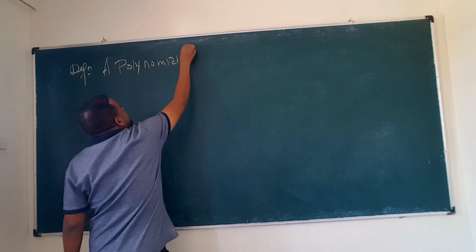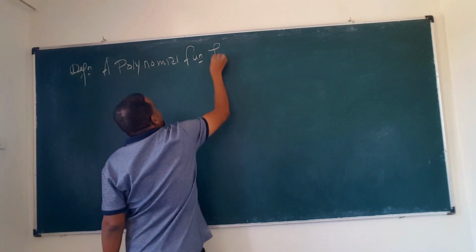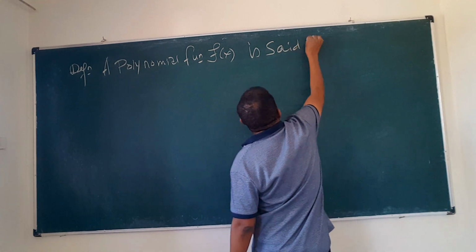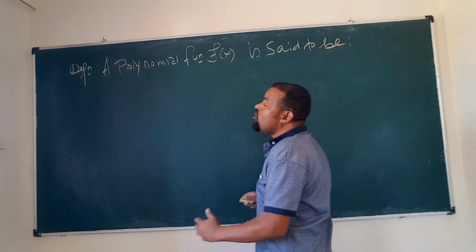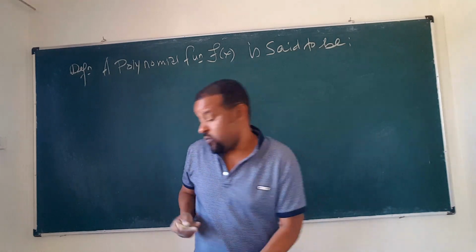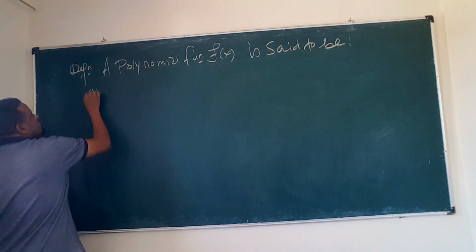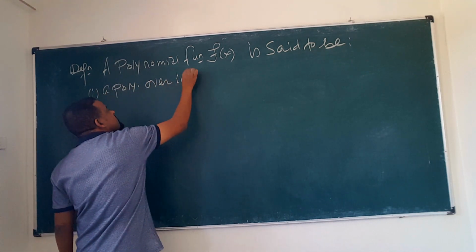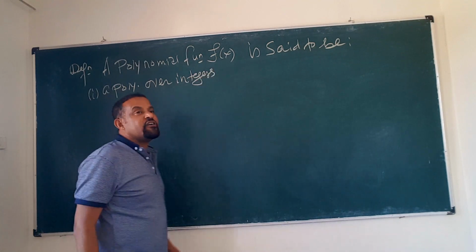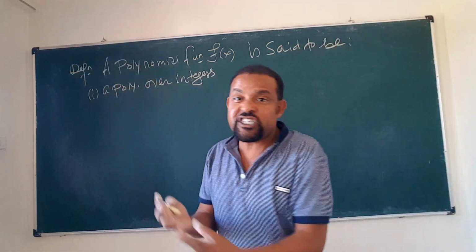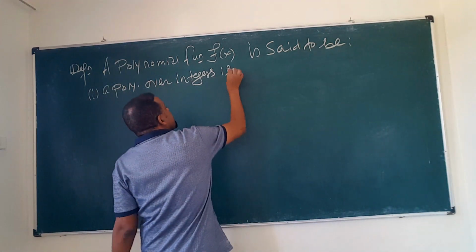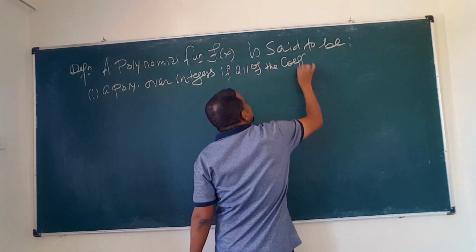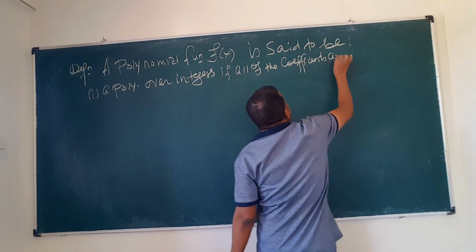A polynomial function f of x is said to be a polynomial over integers if all of the coefficients are what?